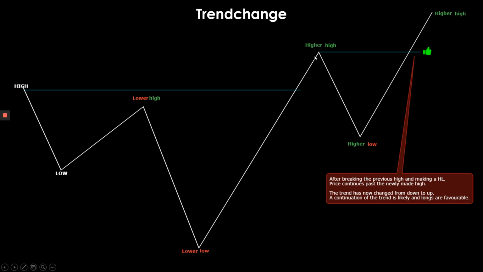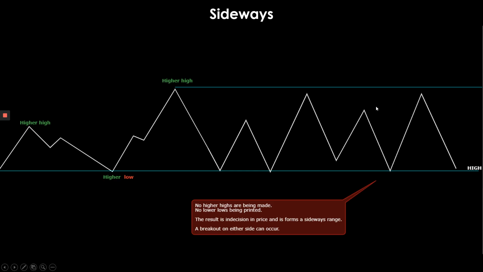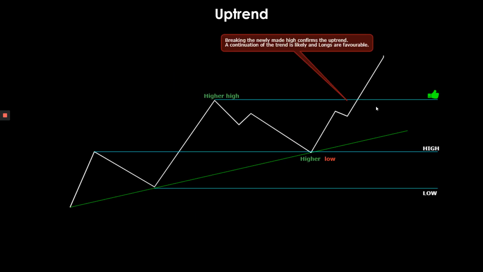And to confirm that, what you would typically be looking for is a higher low, because that helps. And then in turn, when the higher high is being printed again, then basically what you can say is the same as in this slide, an uptrend is being confirmed.